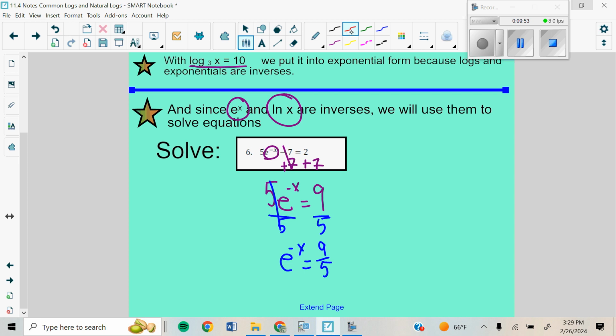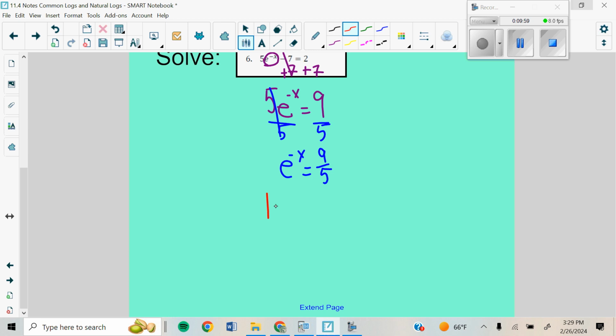All right, now I have something in exponential form, so I'm going to write it in logarithmic form. So I would say log base e of 9/5 equals negative x. Now it's in logarithmic form, and I have log base e, so I can replace log base e with the natural log.